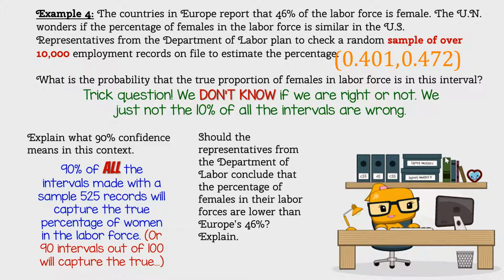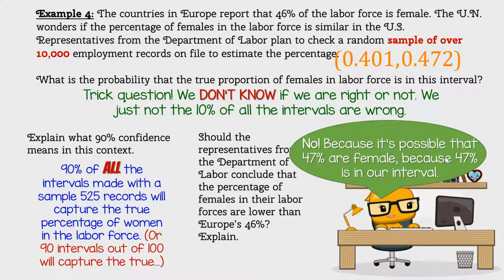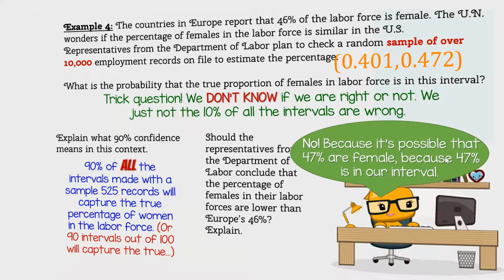It doesn't matter that 46% is at the high end of the interval. It doesn't matter that there are more numbers below 46 than above. What matters is that one of those values is correct, with 90% confidence. But it's possible that 47% are female. So I can't conclude that just yet. We got to be really cautious.